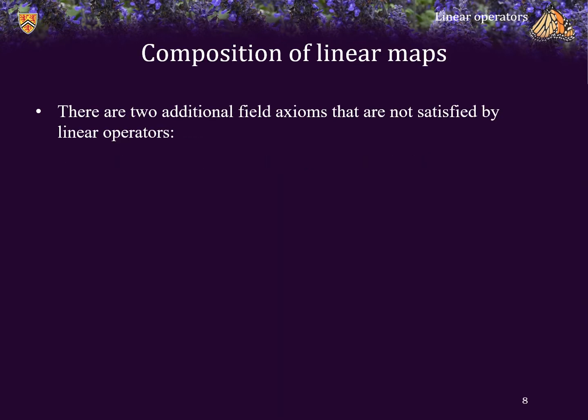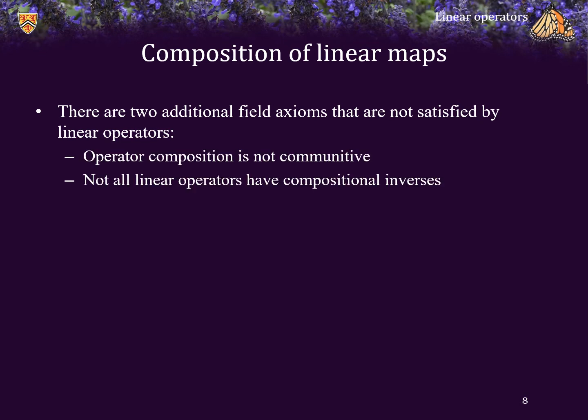Now, there are two additional field axioms that do not have analogous axioms for linear operators. First of all, operator composition is not commutative, or operator multiplication is not commutative. Second, not all linear operators have compositional or multiplicative inverses.